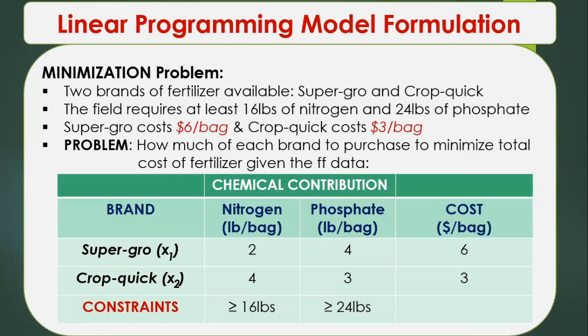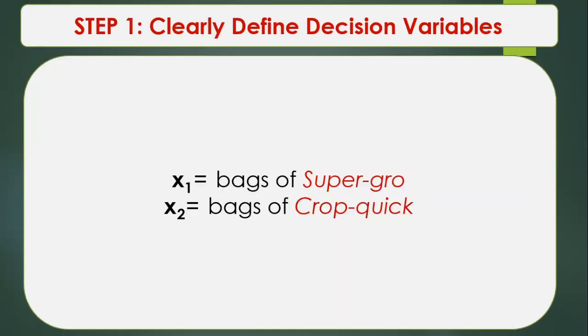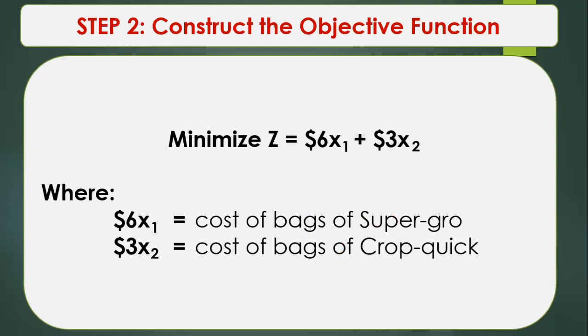So if we state our step number 2, constructing the objective function, it should be stated: minimize Z equals $6 times X sub 1 plus $3 times X sub 2, where $6 X sub 1 refers to the cost of bags of Super-gro, $3 X sub 2 refers to the cost of bags of Crop-quick, and Z refers to your cost.